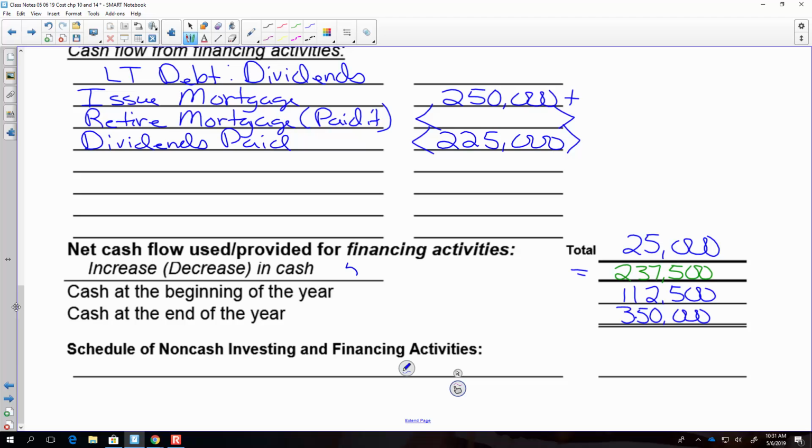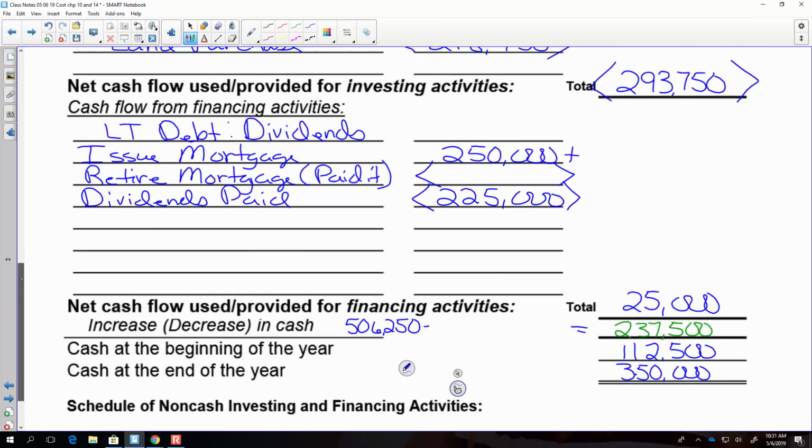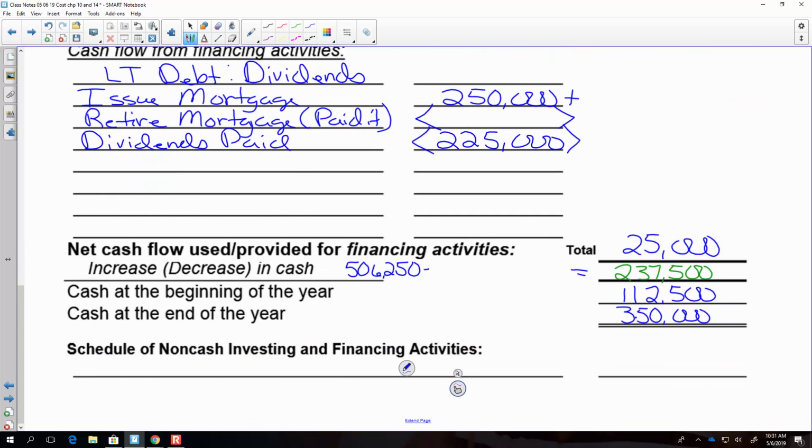So this is 506,250 minus 293,750. Just these three accounts for three subtotals. We come out to 237,500.